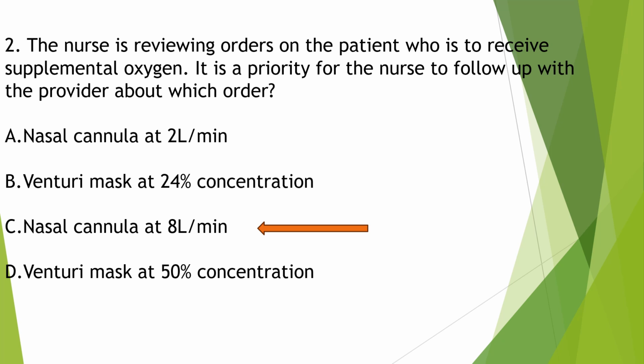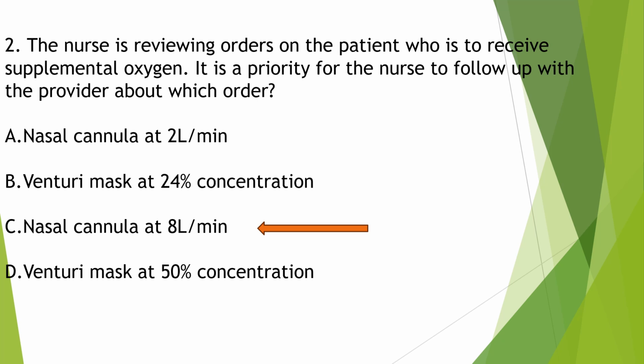If you see the non-invasive oxygen delivery devices, there are the low flow delivery devices, which are the nasal cannula and face masks, and the face masks include the simple face mask, partial rebreather mask, and non-rebreather mask. So they are low flow delivery devices, and there are high flow delivery devices like the Venturi mask, aerosol mask, then tracheostomy.